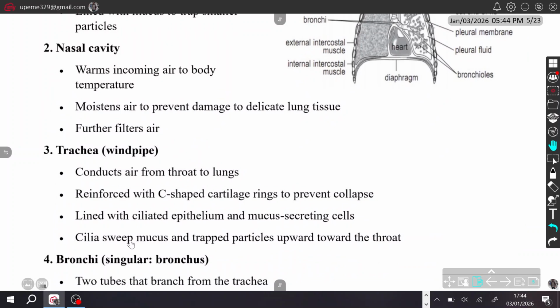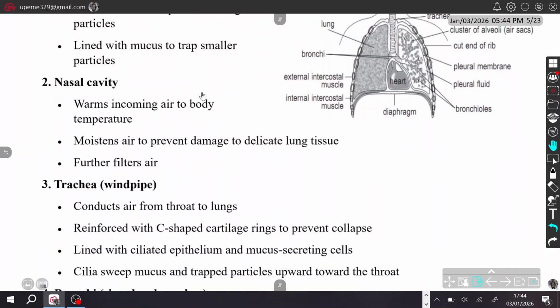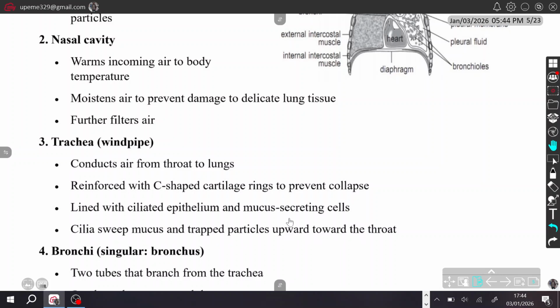Okay, so cilia sweep mucus and trapped particles upwards toward the throat. So those cilia ensure that they sweep any trapped particles towards the throat, so that when you cough, you spit out the mucus with particles. All right. So cilia sweep mucus and the trapped particles upward toward the throat.